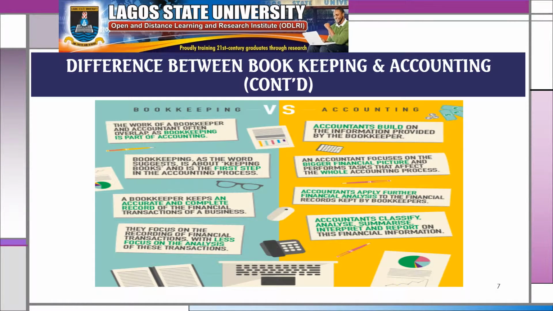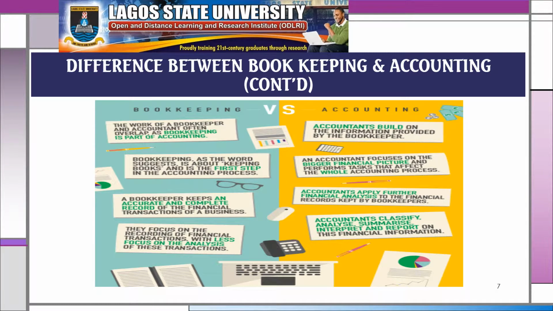We might also need to classify them clearly, looking at bookkeeping versus accounting. The bookkeeper's functions can be summarized as follows. You see them assisting the accountant, and the functions they perform at times overlap with those of accounting, and quite a number of their functions form part of accounting.